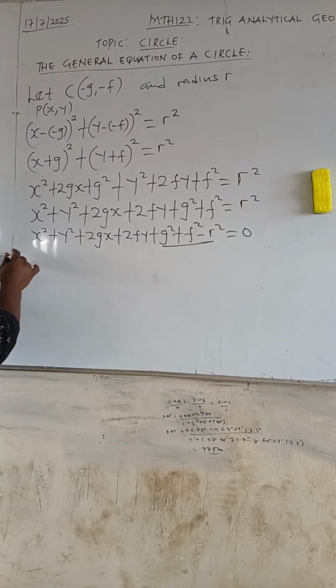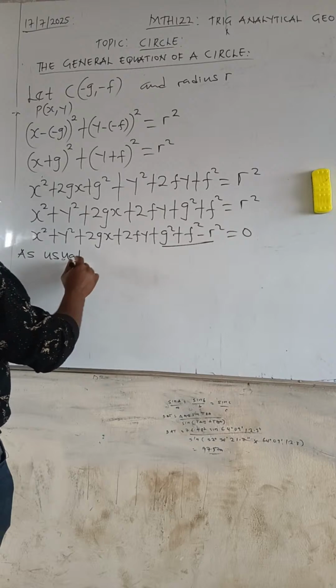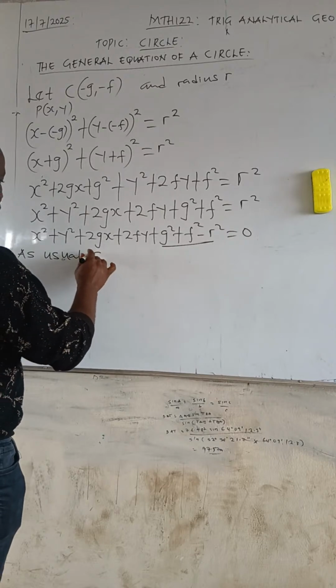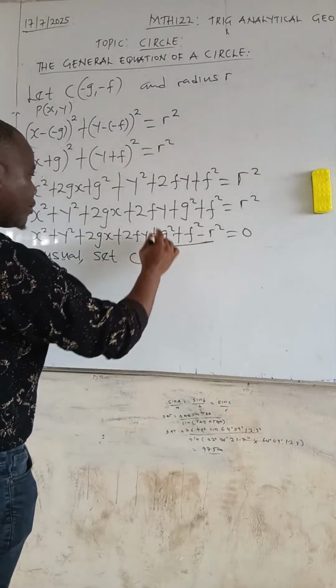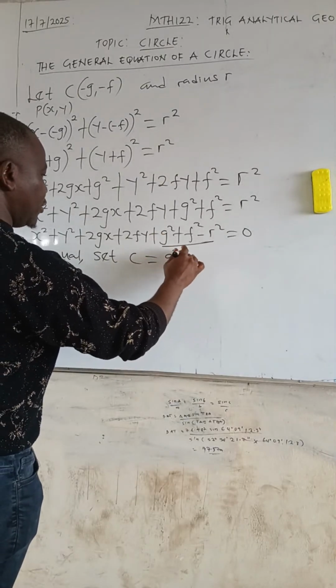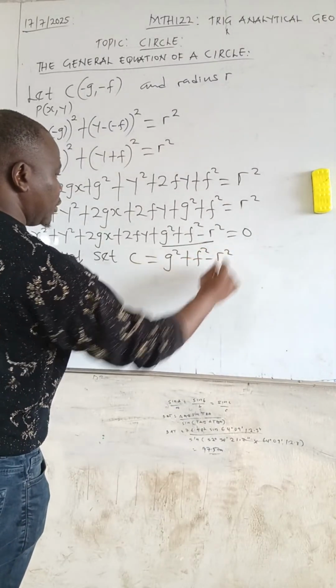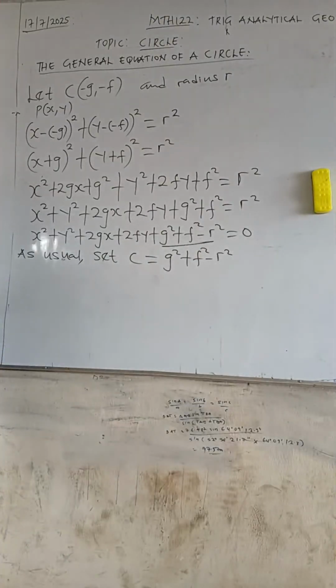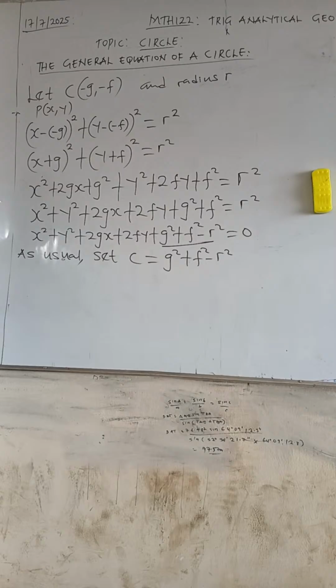So we now say, as usual, set C equals to g squared plus f squared minus r squared. Are you following? Okay.